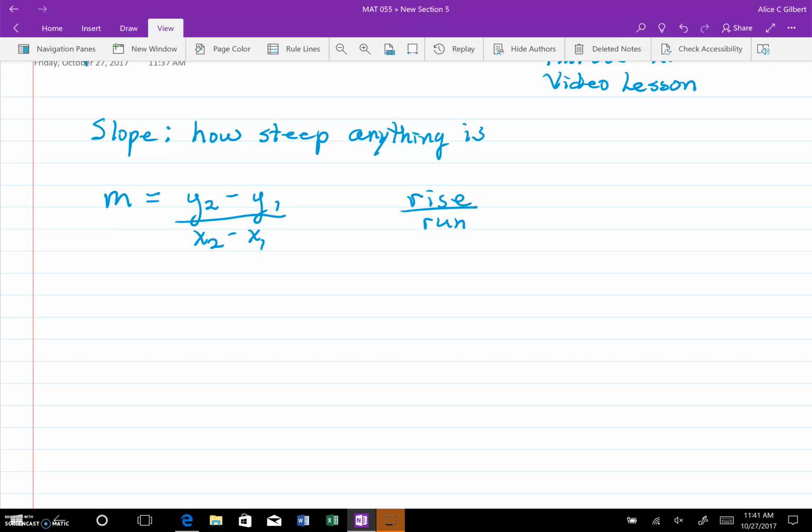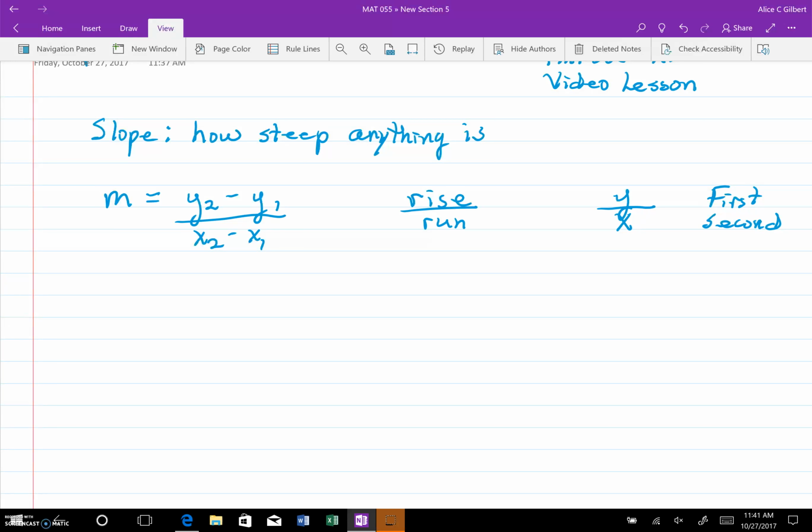And when we are using slope to graph, we always need to think y first. In other words, we do that first, and then x is second when we're graphing. Okay? But again, slope is just how steep anything is. Rise over run is a math definition. Okay?